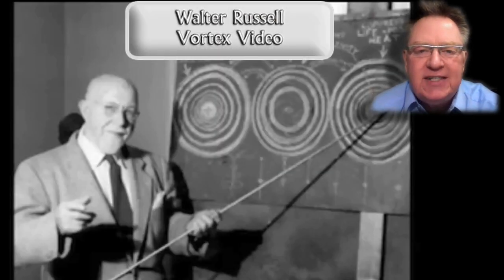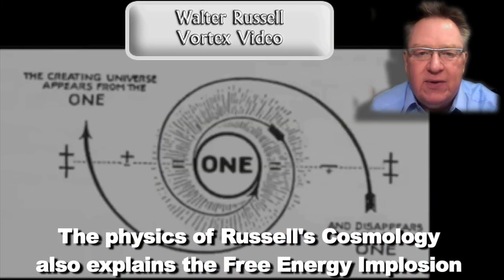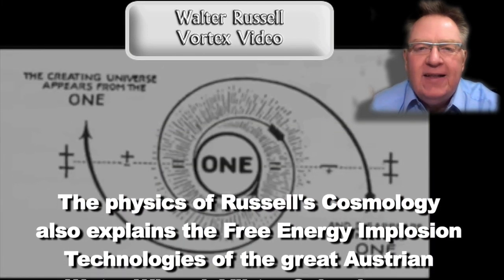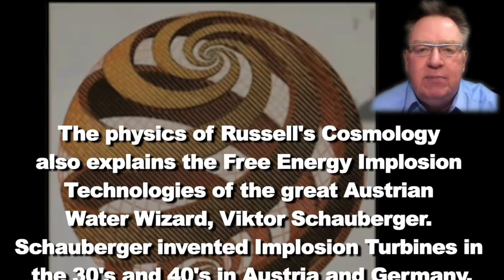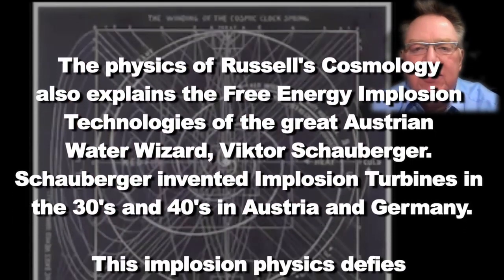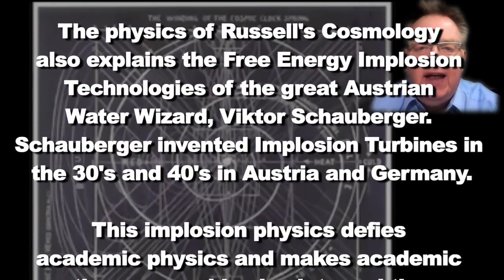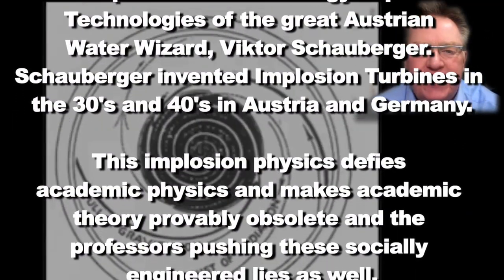Now, 77G Slinger attaches the following note I'm going to read to you to the video that I've just given you a link to. The physics of Russell's cosmology also explains the free energy implosion technologies of the great Austrian water wizard Victor Schauberger. Schauberger invented implosion turbines in the 30s and 40s in Austria and Germany.